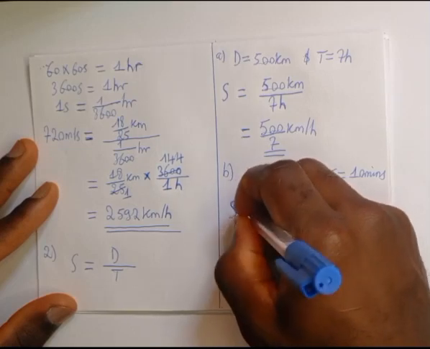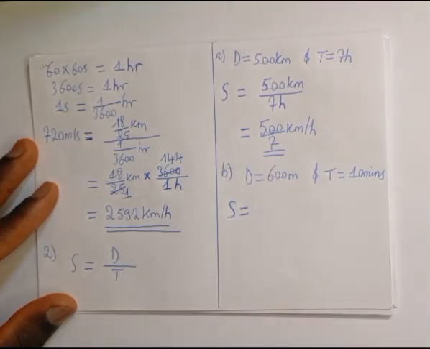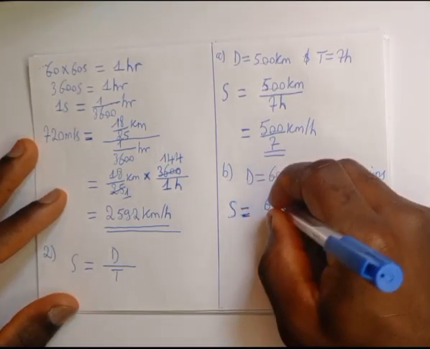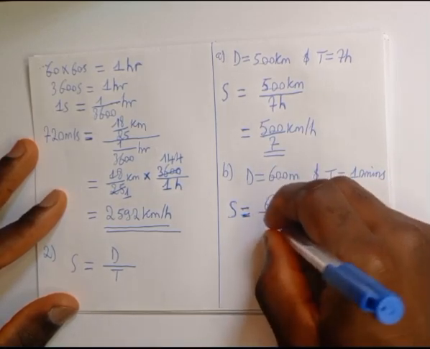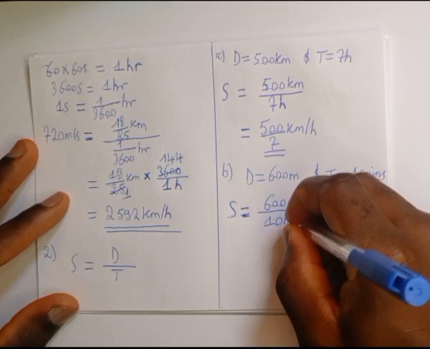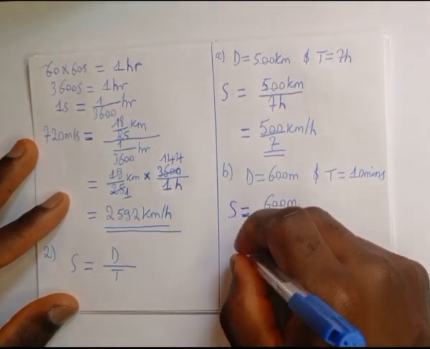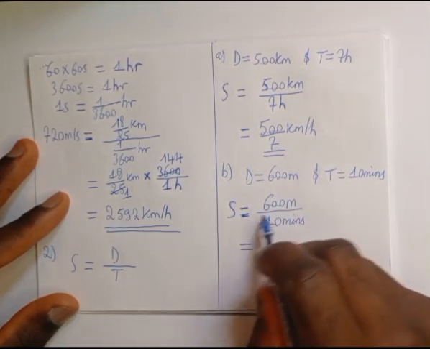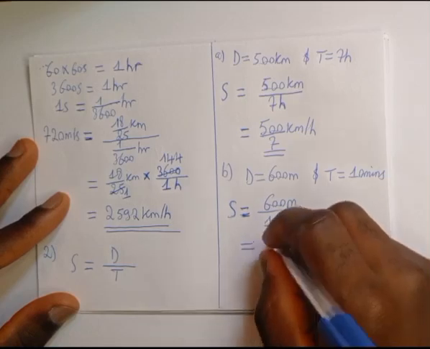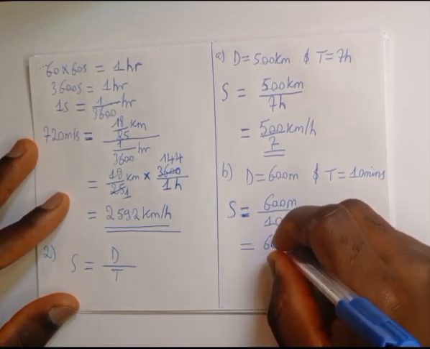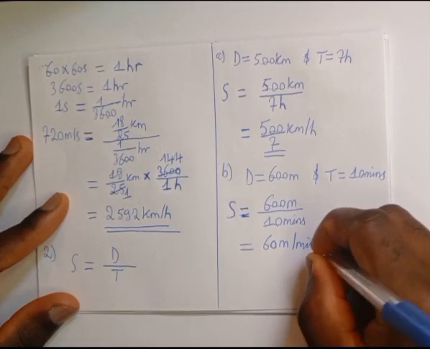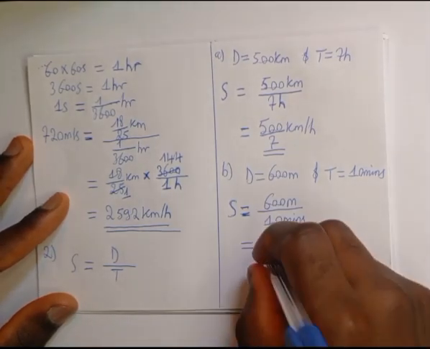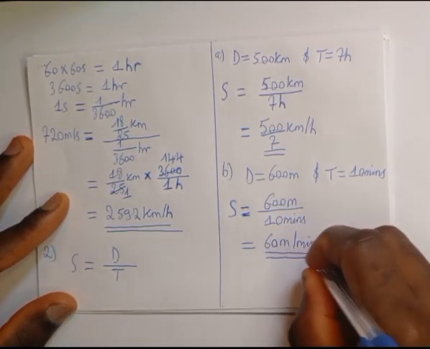The speed of the body will simply be equal to, we are going to divide the distance traveled, 600 meters, all over the time taken, which is 10 minutes. And this will be equal to 600 divided by 10 gives us 60. And the speed will simply be meters per minute. This will be the unit of the speed in this case.